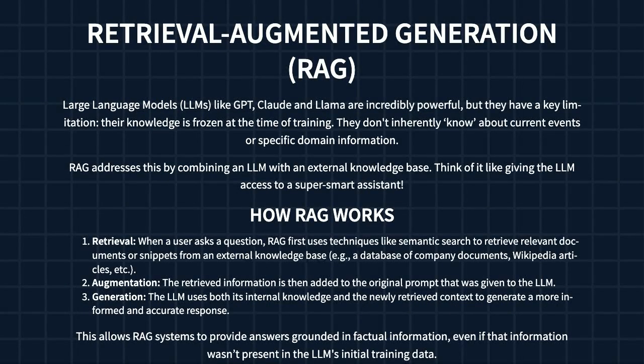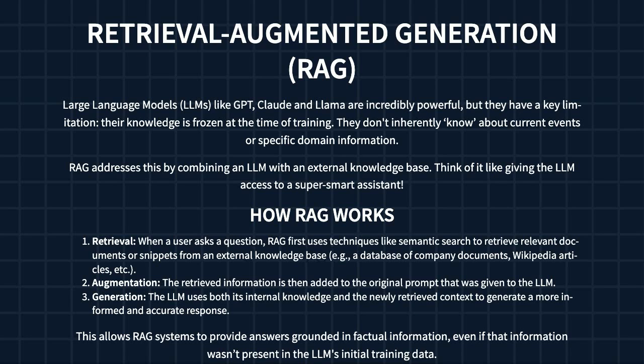Okay, let's talk about RAG, retrieval augmented generation. Basically, it's a way to supercharge your LLM. You know how LLMs like GPT are amazing at generating text, but they only know what they were trained on. RAG solves that problem by giving the model access to an external source of information, like a database or even just relevant documents.